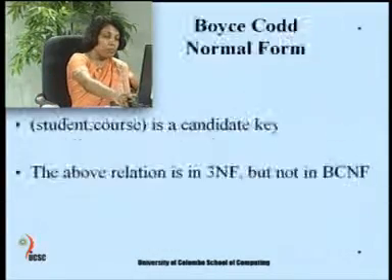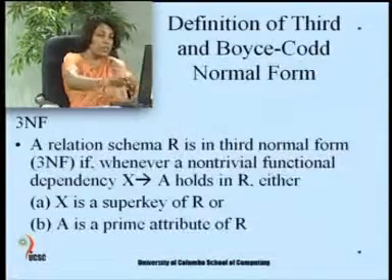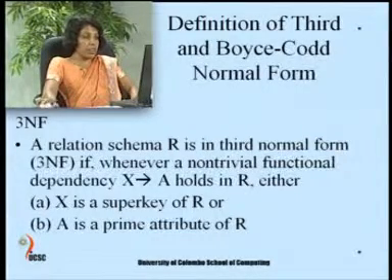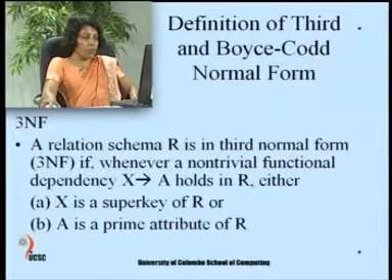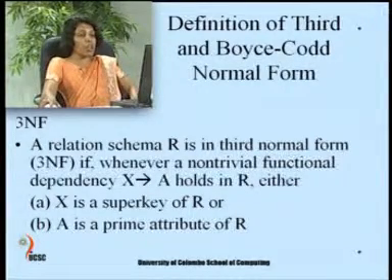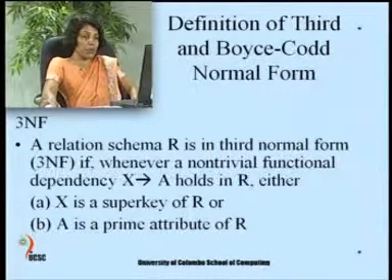So, when that holds, a relation is in third normal form. So, X could be a superkey of R, or A could be a prime attribute of R.